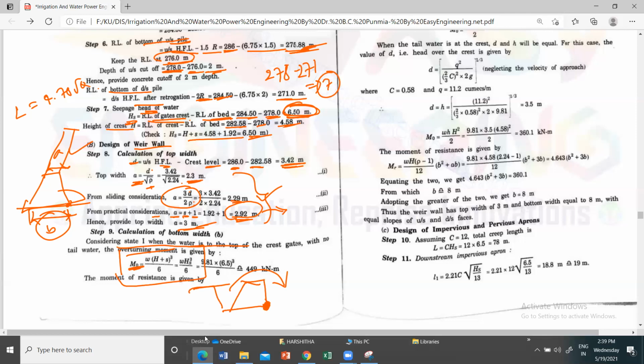The overturning moment is given by W into H plus S whole cube by 6, that is W into total head H, divided by HS whole cube by 6. So here we are getting the overturning moment as 449 kilonewton meter.